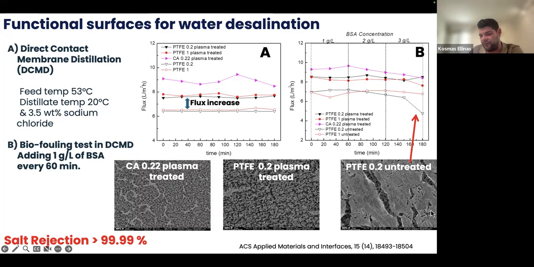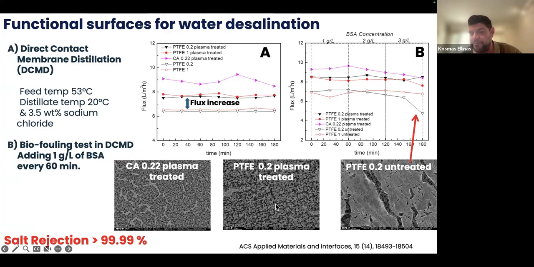So if we take the untreated membrane and we try to accelerate the phenomenon of fouling by adding this protein, we can see that after a short period of time, the membrane is covered with this foulant.